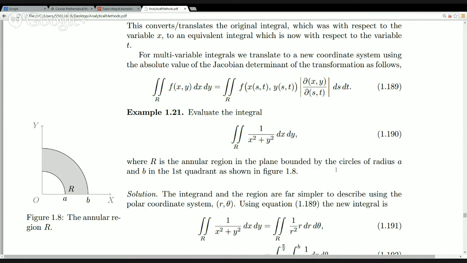Doing the same thing to y, you're going to find sine phi sine theta. dy d theta is going to be r sine phi cosine theta.